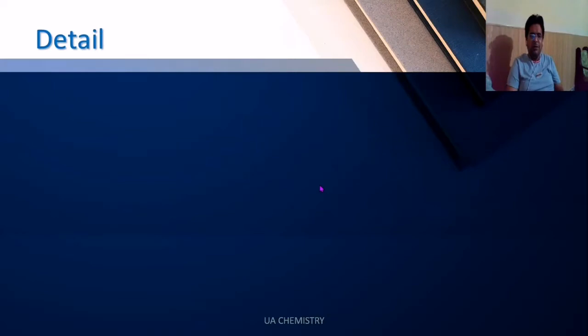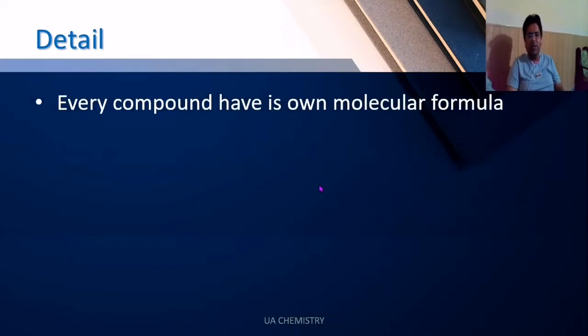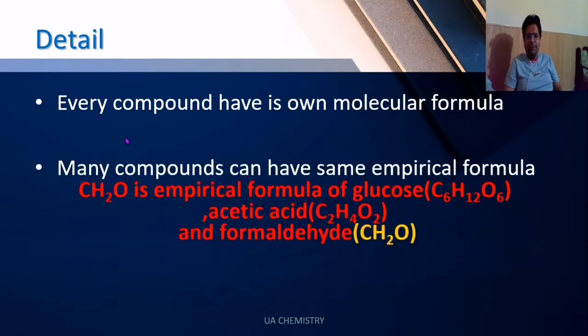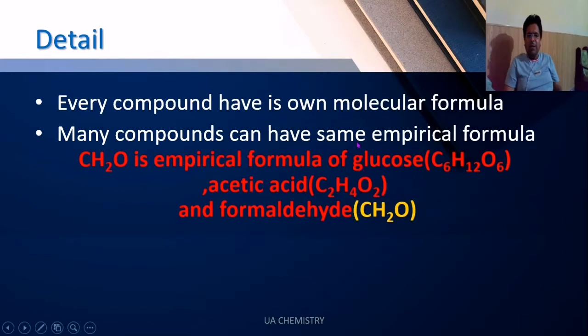Now we can study this in detail. Furthermore, every compound has its own molecular formula. As I have told earlier, the molecular formula of two compounds can never be the same. Now there are many compounds that have the same empirical formula.